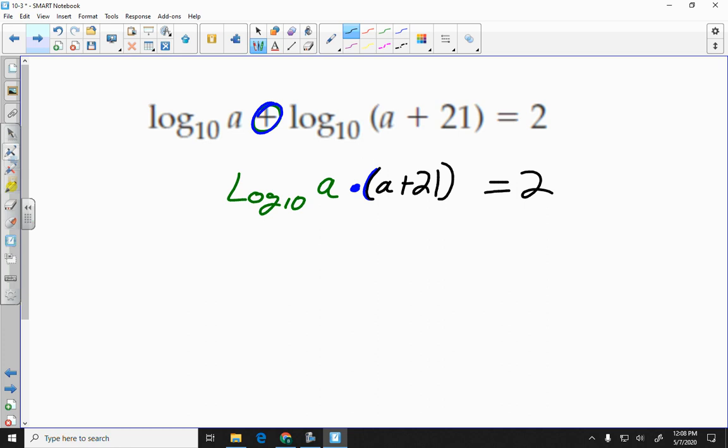But I only have one log. Log base 10 of one thing will equal 2. How do I solve that when there's only one log? You can't just drop it, but we can write it as an exponential.